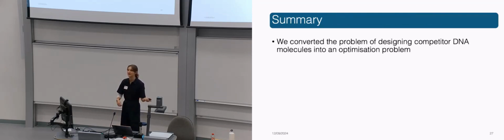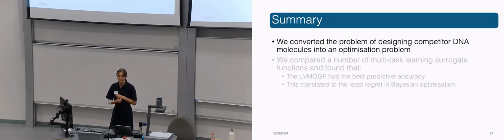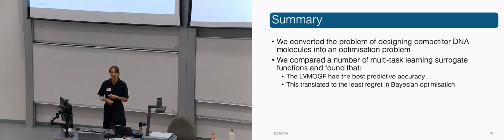So in summary, we converted this DNA design problem into a continuous optimization problem and a transfer learning problem. We compared a number of multitask GP surrogates and found that the latent variable multi-output GP had the best predictive accuracy and did best in Bayes-Opt.